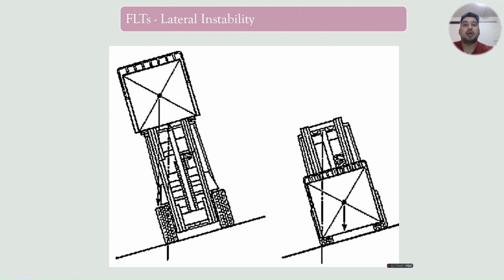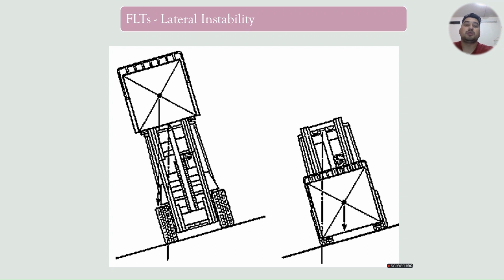So whenever you are lifting any load with a forklift truck, first of all you have to identify the load you're going to lift, and check the load capacity of your forklift truck. If the load is higher than the capacity of your forklift truck, then you have to avoid the lifting task.